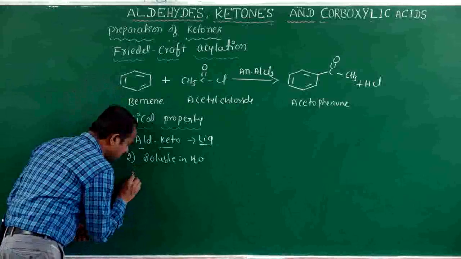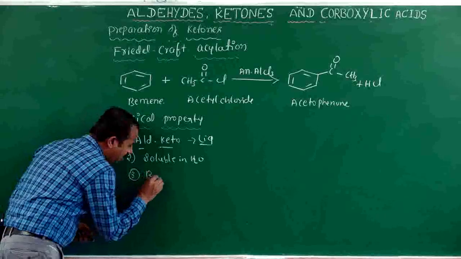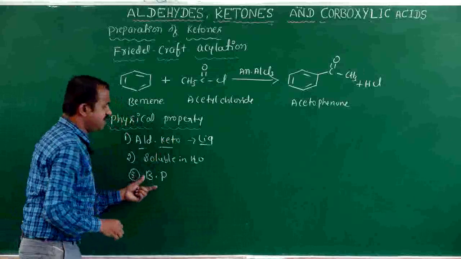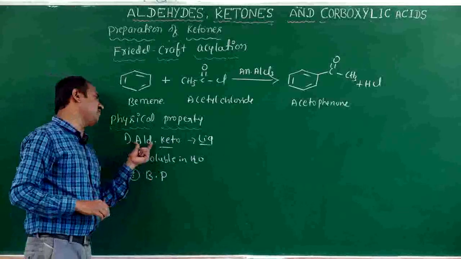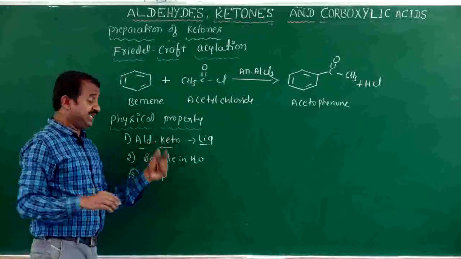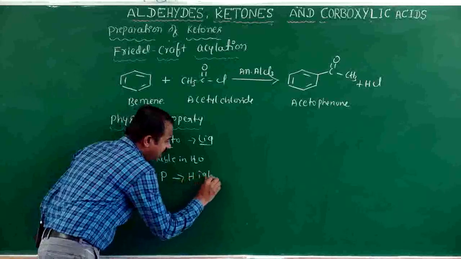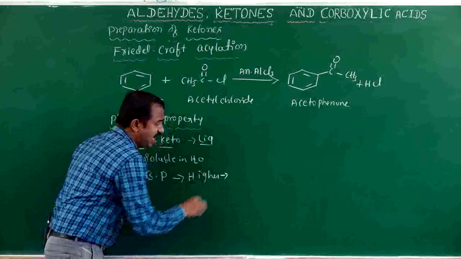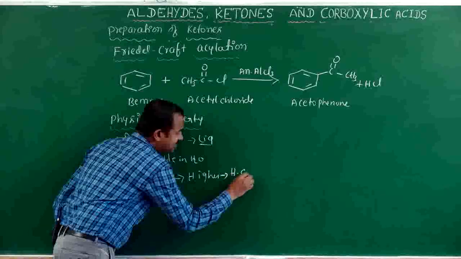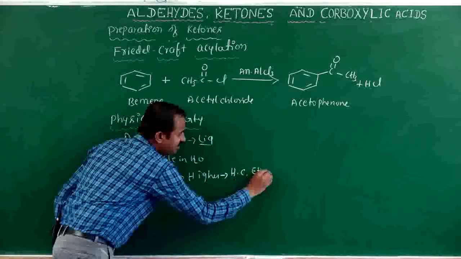Next, the third one: the boiling point and melting point. The boiling point of aldehydes and ketones is higher than hydrocarbons and ethers.